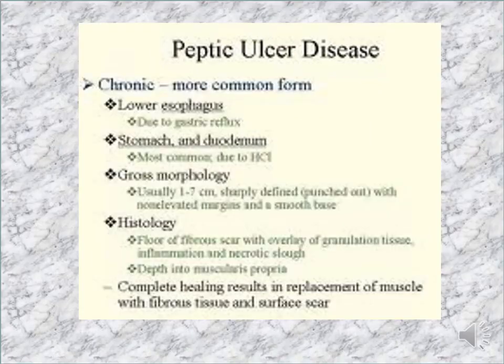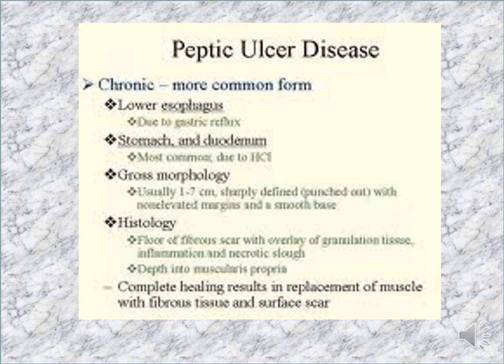The chronic type affects the lower esophagus due to gastric reflux, and the stomach and duodenum, most commonly due to increased secretion of hydrochloric acid. The gross morphology is usually 1 to 7 centimeters, sharply defined, punched-out with a non-elevated margin and a smooth base.